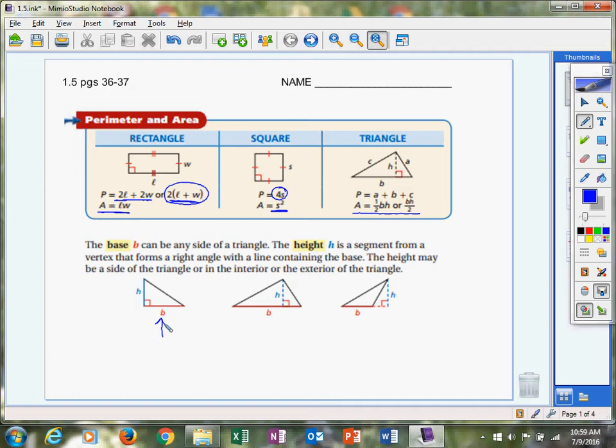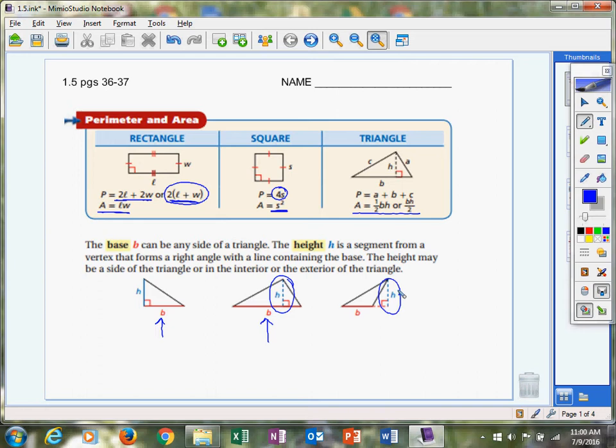So this becomes your height. In the second triangle, here's your base, the bottom segment, but the other 2 sides don't form a 90-degree angle. So you could have a height that forms inside the triangle as it does here, or it can form outside the triangle as it does in that last one to the right.